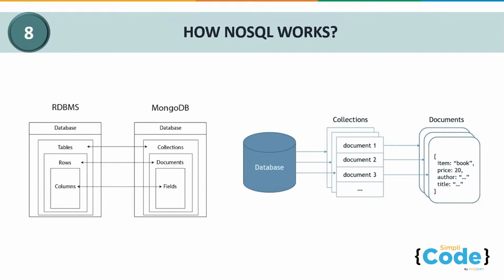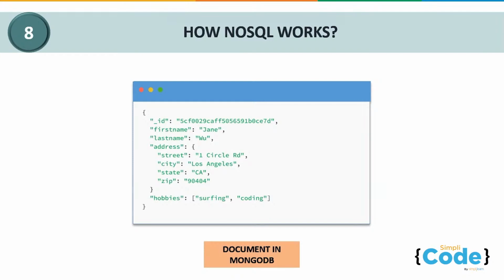Now if I just have to map how it is different from RDBMS, a collection in MongoDB is equivalent to a table in RDBMS, a document in MongoDB is equivalent to a row in RDBMS, and fields in MongoDB are equivalent to columns in RDBMS. So this is how a document looks in MongoDB. As you can see, this is similar to a row in RDBMS, but we have a field and a value taken separately instead of a tabular value.